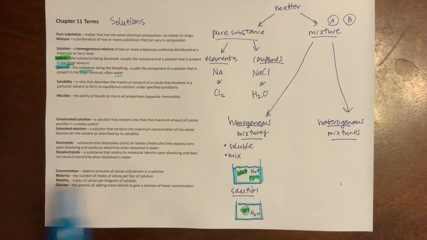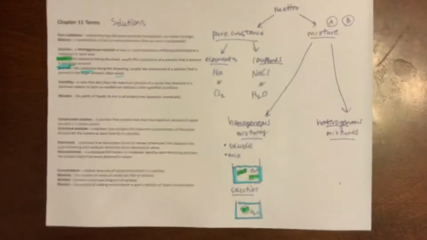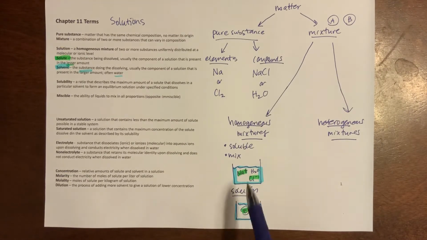This means if I have salt water at the beach, say, the salt water will taste the same, salty, no matter where you are, or if I have an IV fluid, it's got salt in it. That saline solution is going to be the same saltiness, or homo, the same, anytime you pour it. Same with ethanol. You don't worry about alcoholic beverages being very alcoholic at the top and not so much at the bottom. It's an even, consistent mixture.